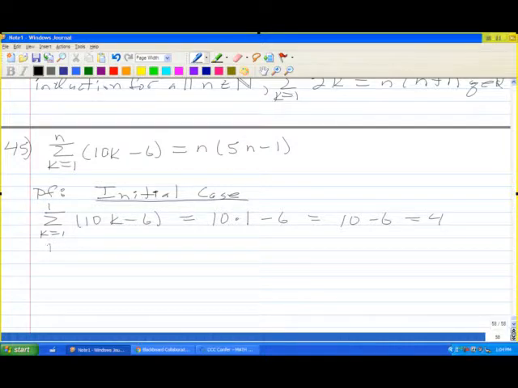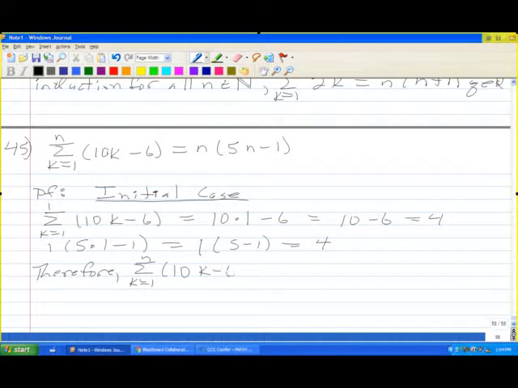So let's replace n here by 1. So 5 times 1 minus 1. So that's 1 times 5 minus 1, which is 4. Good, so they both are the same. So we've shown that the sum k equaling 1 to n of 10k minus 6 is equal to n times 5n minus 1 when n equals 1.